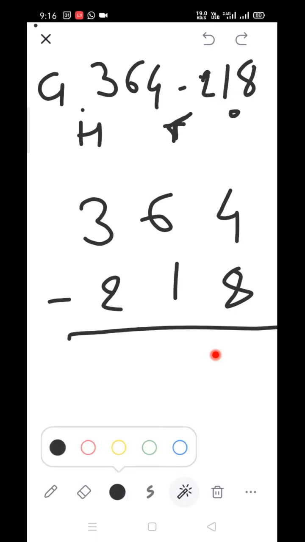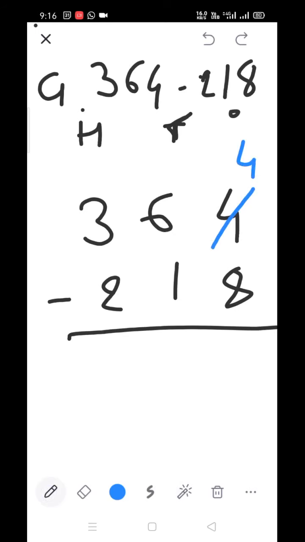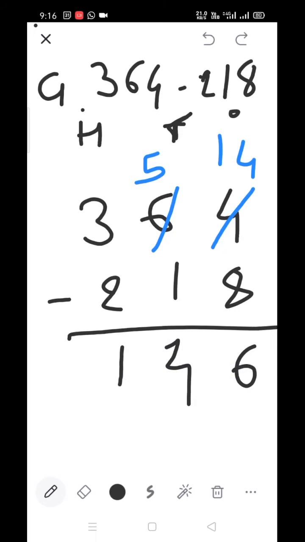We cannot subtract 8 from 4. So what should we do? We have to take a borrow from the previous digit. So write down 4 as it is and take one borrow from the 6. So here there will be a 5. 14 minus 8, 6. 5 minus 1, 4. 3 minus 2, 1. Your answer is 146.